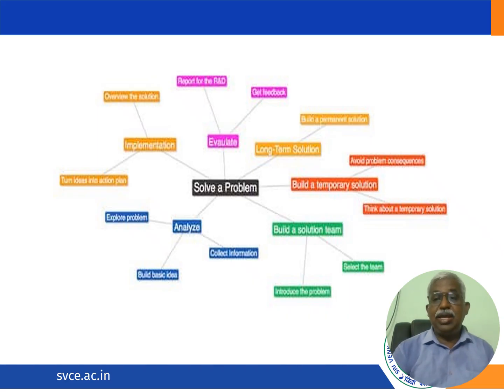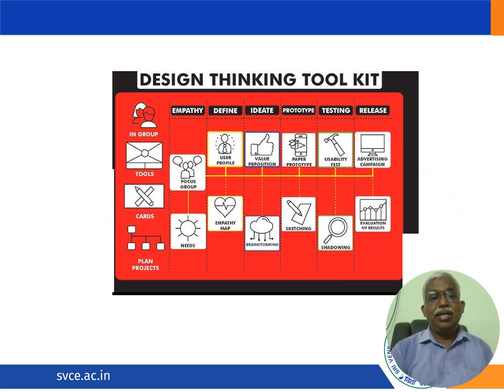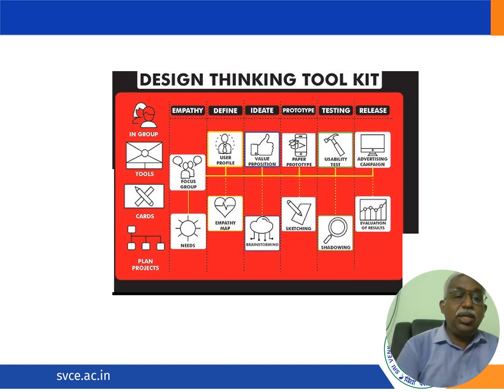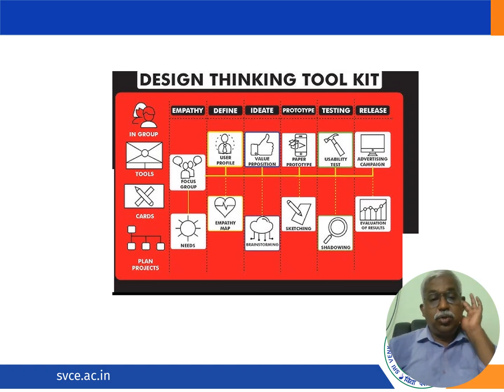Then we have a kit called the design thinking toolkit. This design thinking toolkit covers empathize, define, ideate, prototype, testing, and final evaluation, that is releasing. Various tools are used here. Tools and techniques: we have empathy tools, need of empathy, focus group. Then definition, user profile.